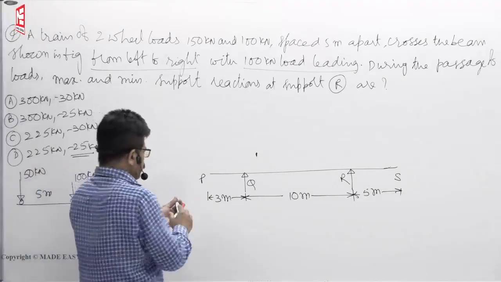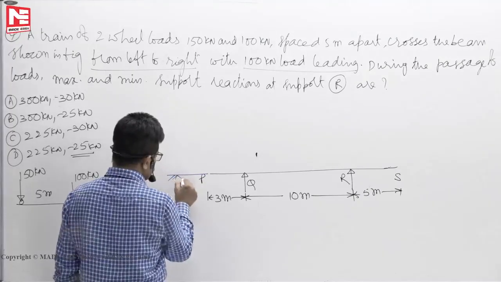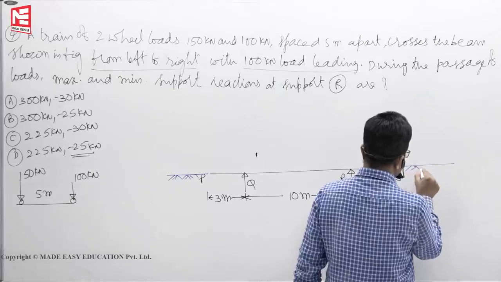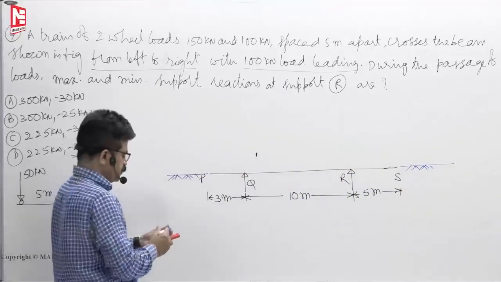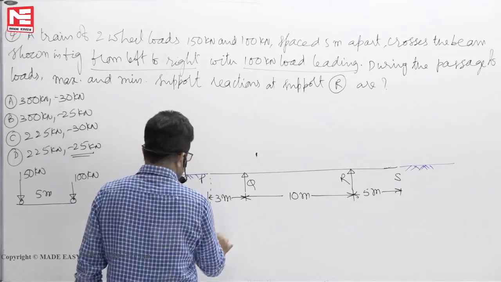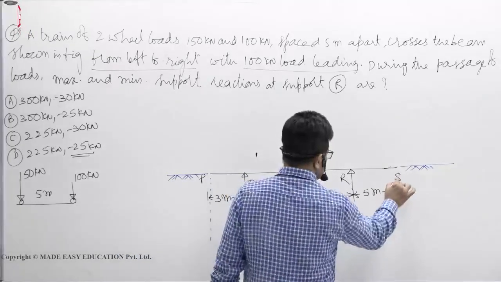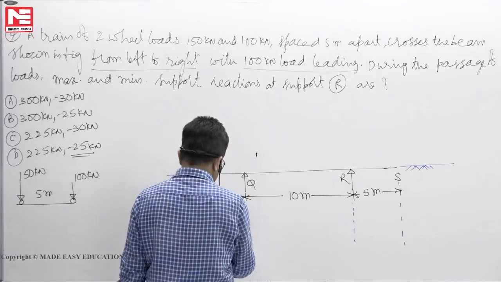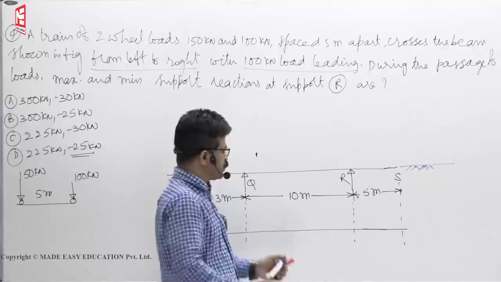Then, as I told you, whether they give it or not, you must assume that there is a ground here, here and also here. Okay. Now, support reaction at R means you must draw the influence line diagram at R. That ILD will tell you where you should keep the loads to get maximum and minimum support reactions.